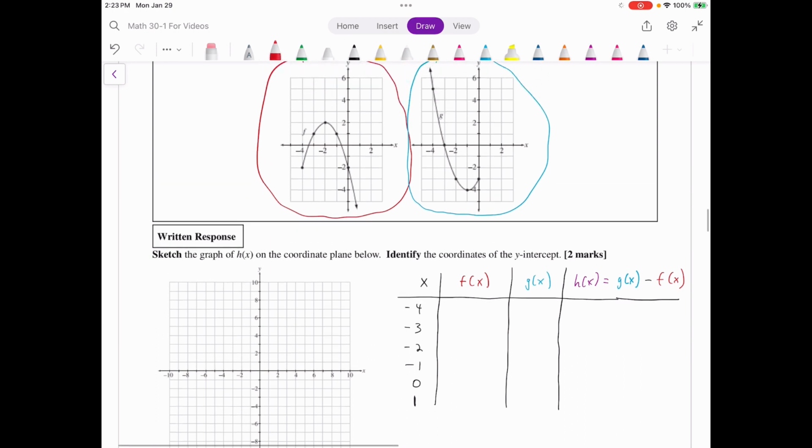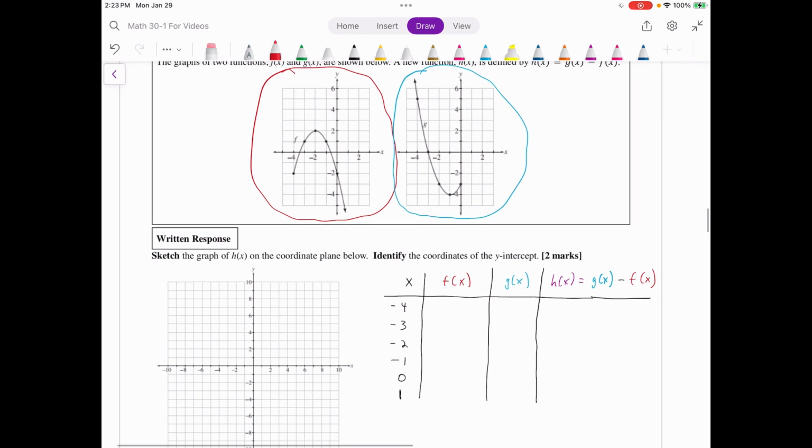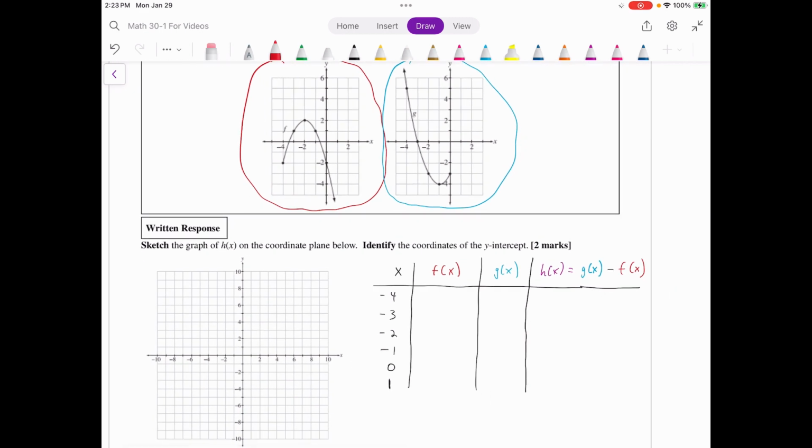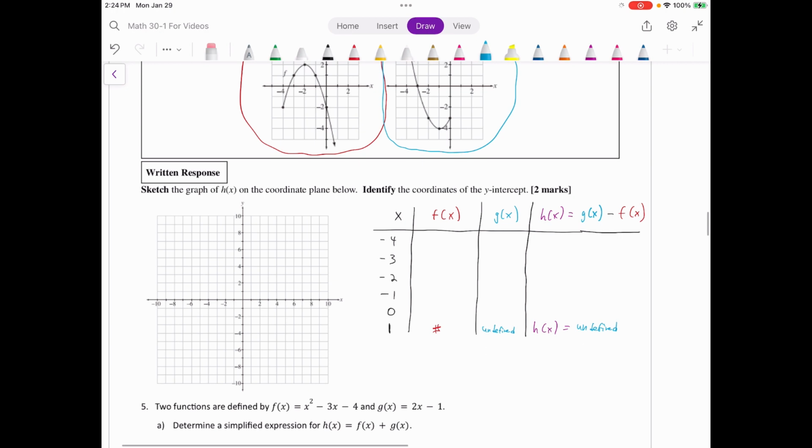If I were to say, what is h of x when x is 1? Let's look. Well, f of x, oh, we actually can't even see it, so that's maybe a bad example. Whatever, f of x would be some number, right? But g of x is undefined. So if we tried to think about what h of x would be, it would be undefined minus some number.